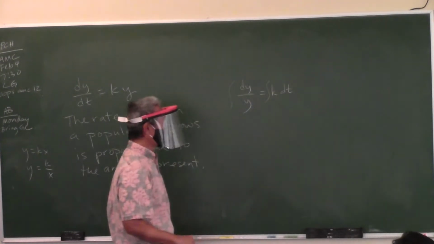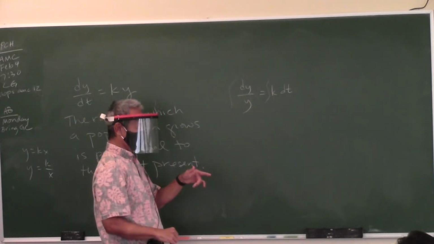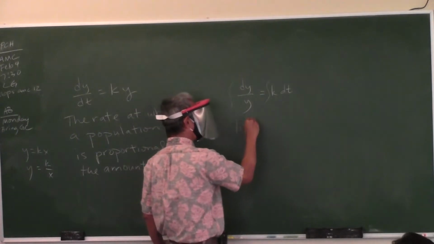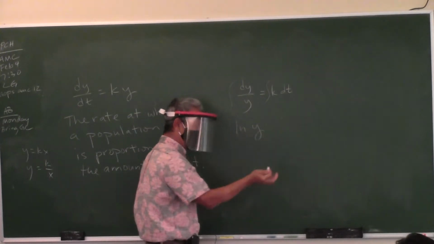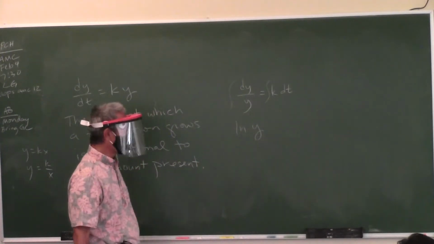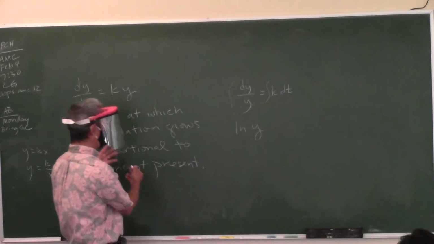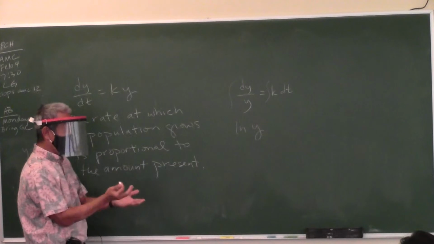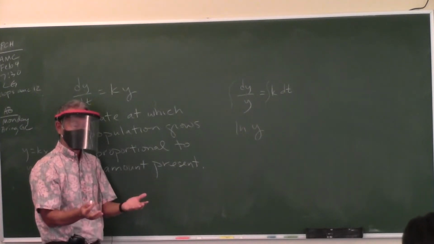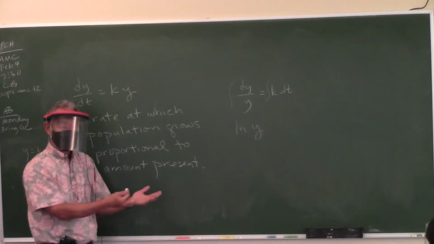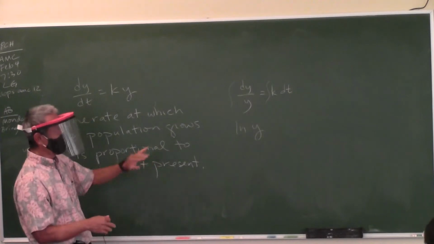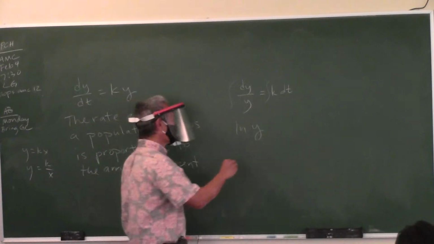What's the integral of the left side? Natural log, absolute value of y plus c. But remember, we're going to mush two c's together. And the reason we don't need the absolute value is because you have a population. There's always going to be a positive number of things in the population. You can't have a negative number of people, so we don't need to put the absolute value.